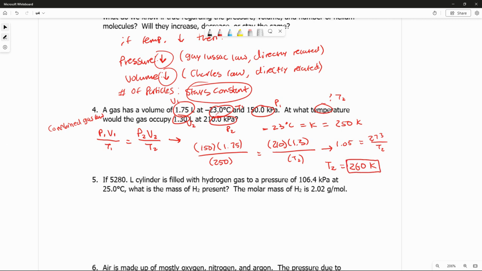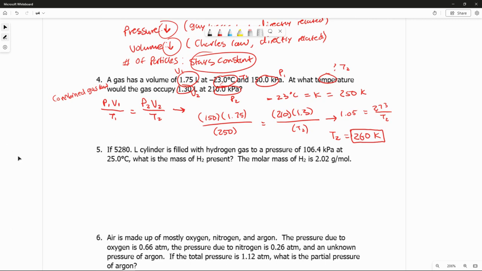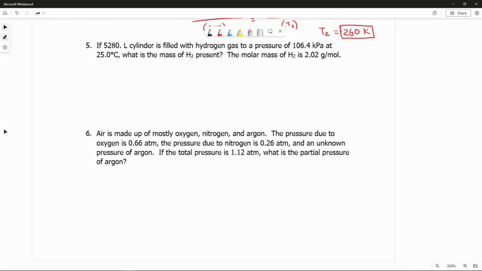Let's try number 5. If a 5280 liter cylinder is filled with hydrogen gas to a pressure of 106.4 kPa at 25 degrees Celsius, what is the mass of hydrogen gas present? And it gives us the molar mass.